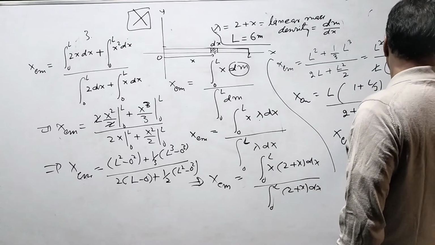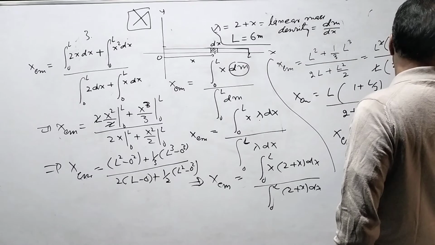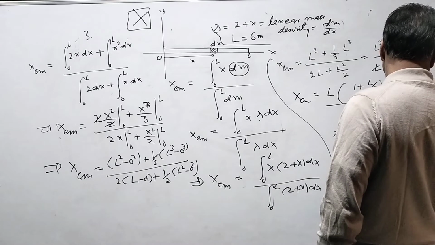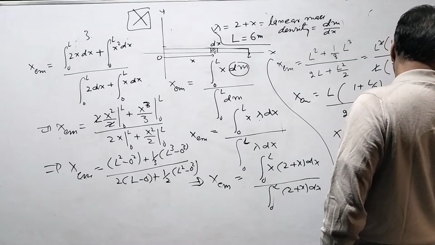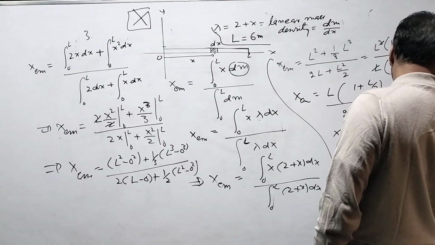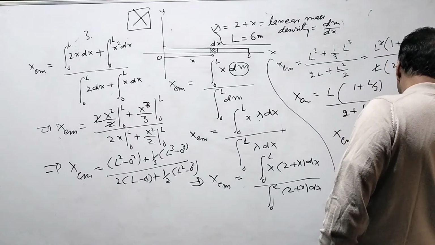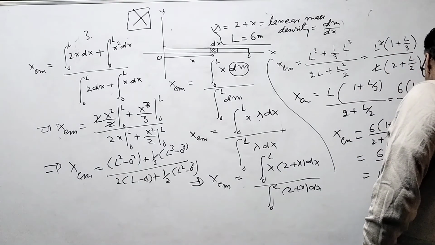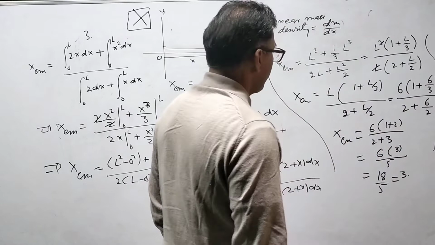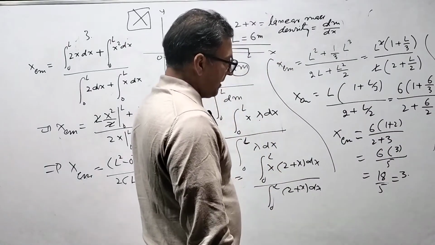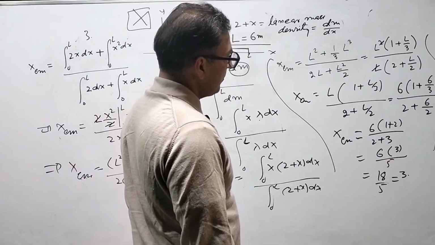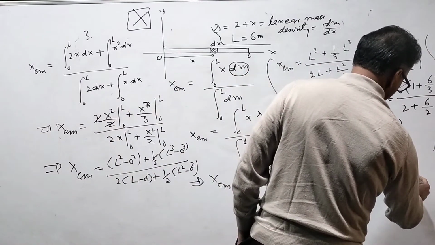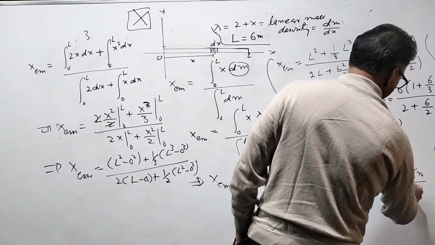That is 6 into (1 plus 2) divided by (2 plus 3), that is 6 into 3 divided by 5, that is 18 by 5, that is 3.6 meters. That's the answer.